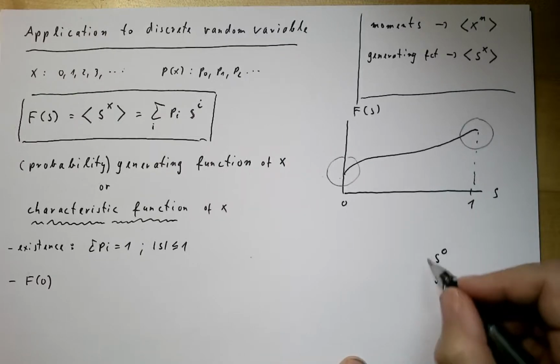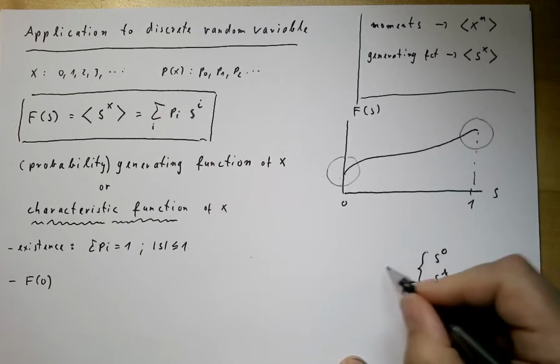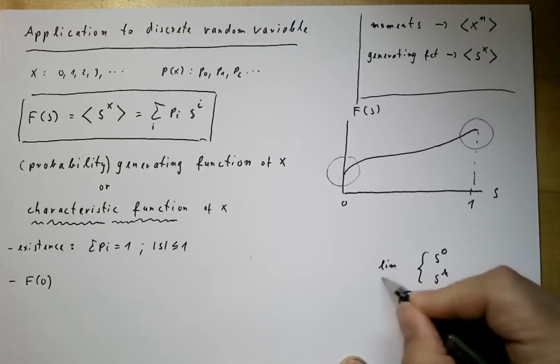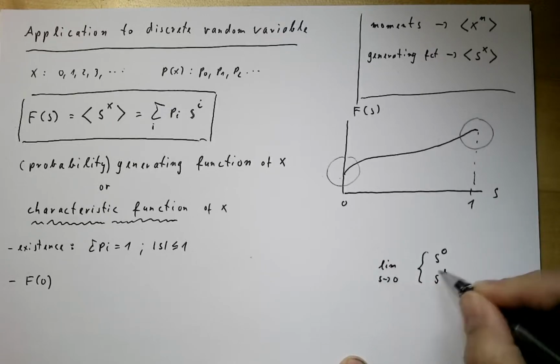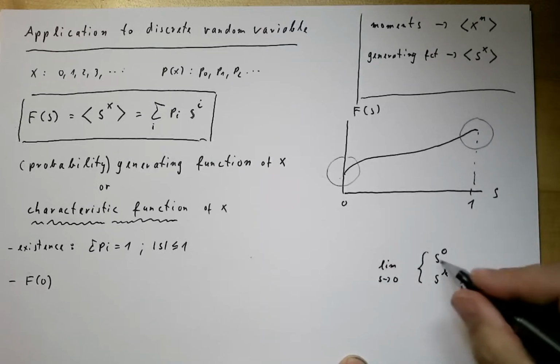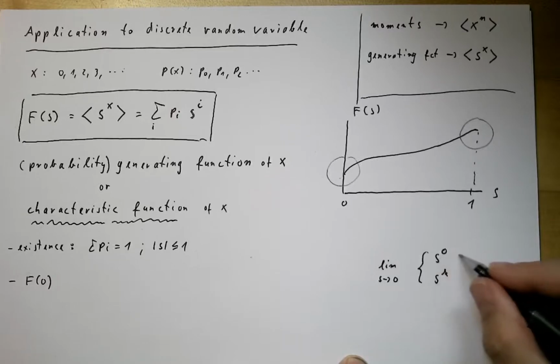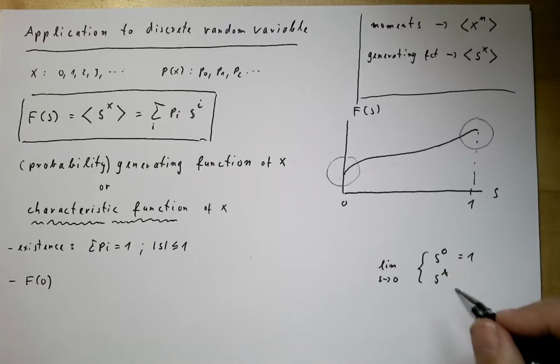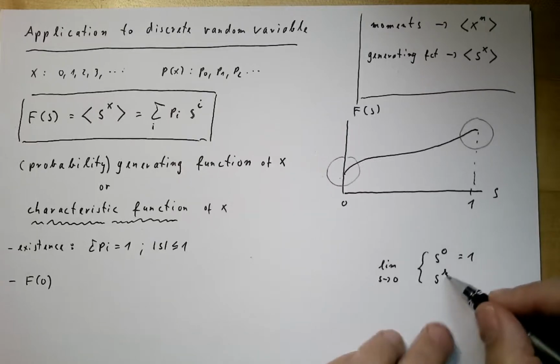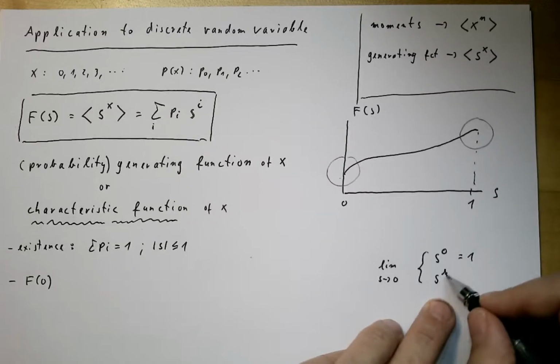So we want to know the limit when s goes to 0 of these two things. In this case 0 to 0 is 1, and in this case 0 to something else equals 0.